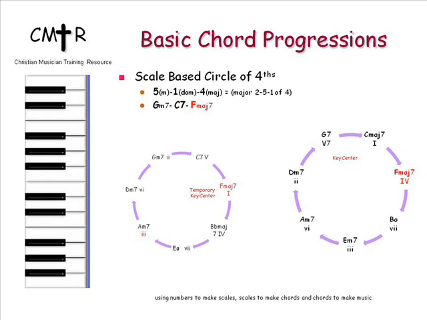In this example, I will first play through the progression in its standard form, then I will play it through and play the 5-1-4, which also represents a change in the key center to F major, which then makes that progression a 2-5-1 of F major.